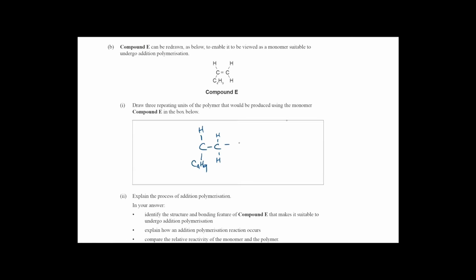And then this is going to just repeat, isn't it? So it's going to be end to end. CH2. Then it's going to be this complicated one again. And we could kind of go dot, dot, dot.